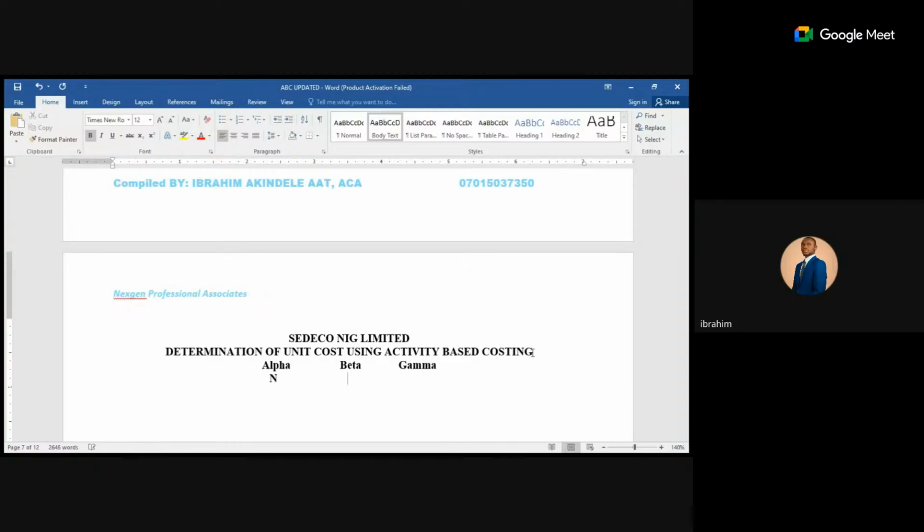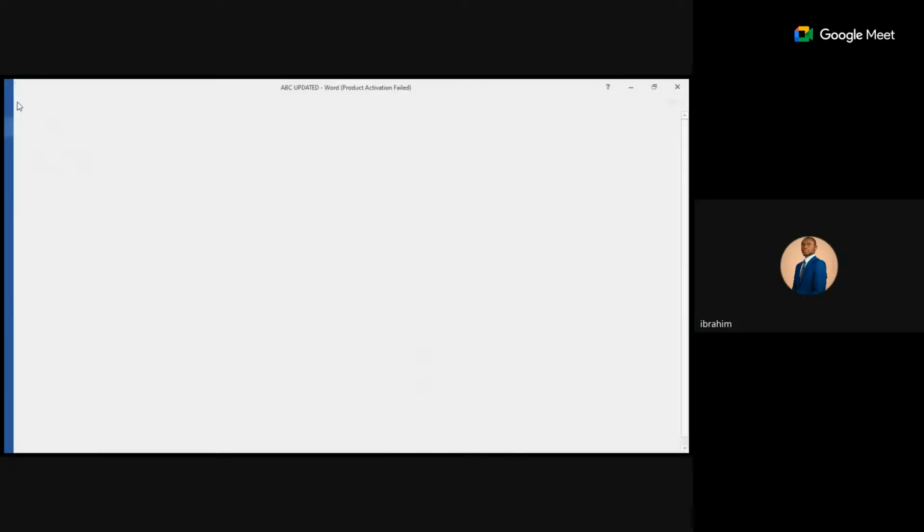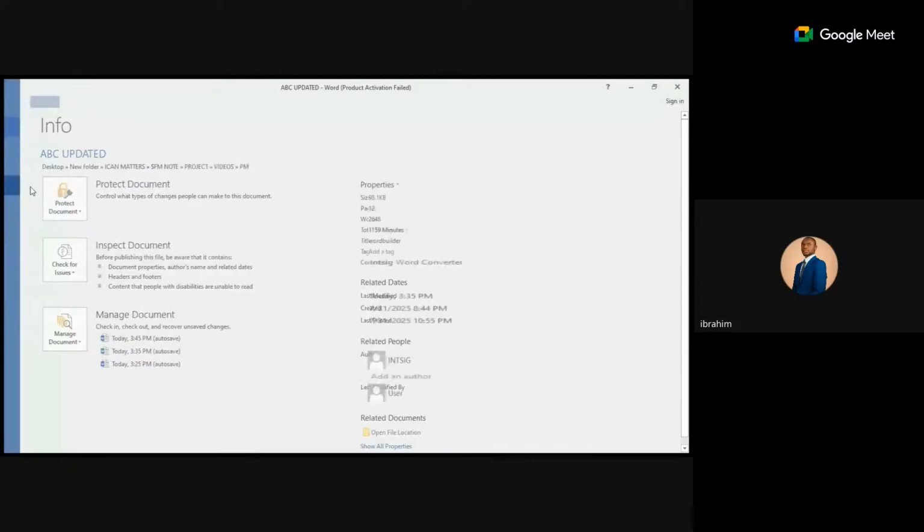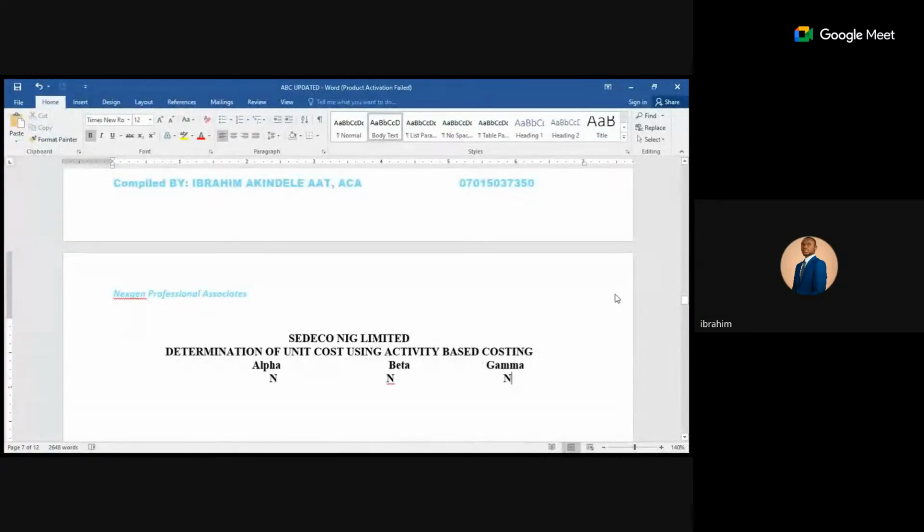Please always present your work this way. Presentation matters a lot in performance management. It's not for you to just calculate a figure, you need to present it very well. By doing this, the examiner will award you marks for your presentation. It is very, very important. Now, your unit cost will be the combination of both your direct and indirect.